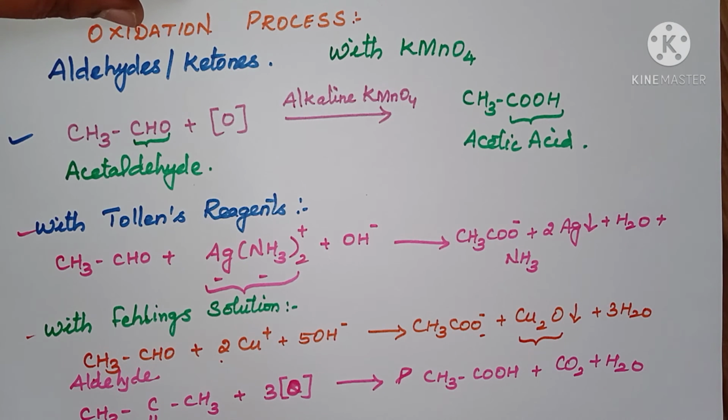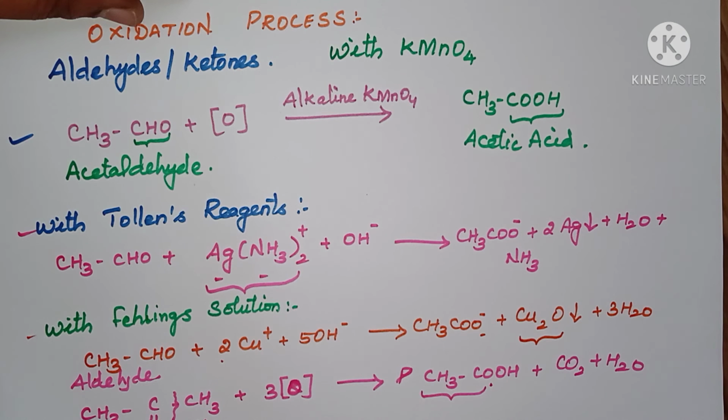See here, acetone has three carbons, but while being oxidized we get a product with fewer carbon atoms. Here three carbons are there and the bond breaks over here. It is oxidized like that to CH3COOH plus water and carbon dioxide.